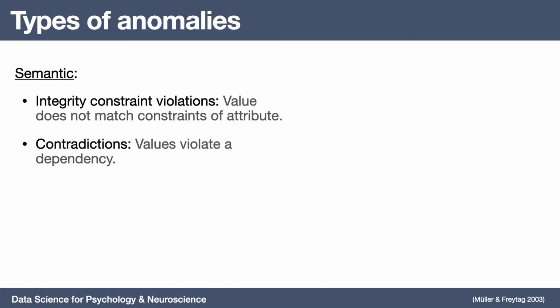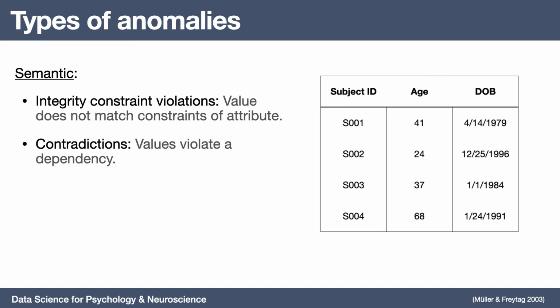Contradictions are cases where values violate a particular dependency. So for example, here in this data table where we have subject ID, age, and date of birth again, you'll notice that in the last row for subject 4, the age, 68 years, doesn't match the date of birth, assuming that this data was collected in 2020.